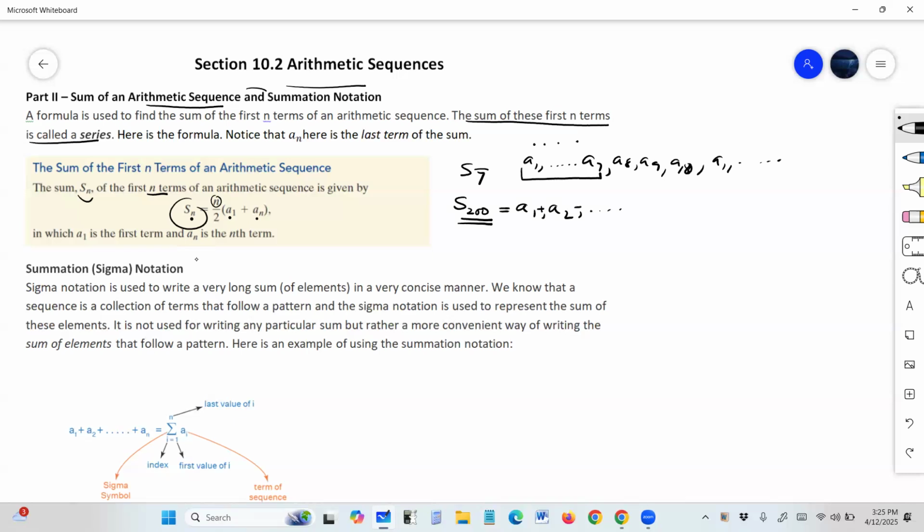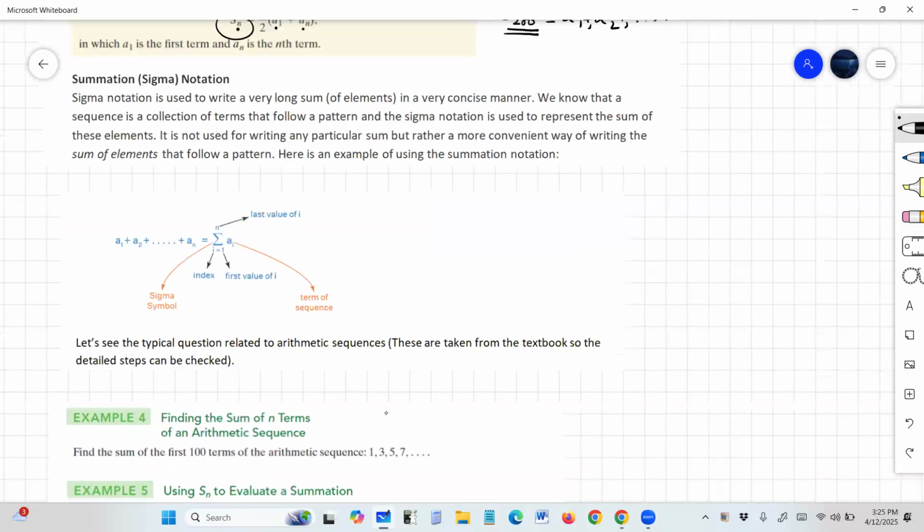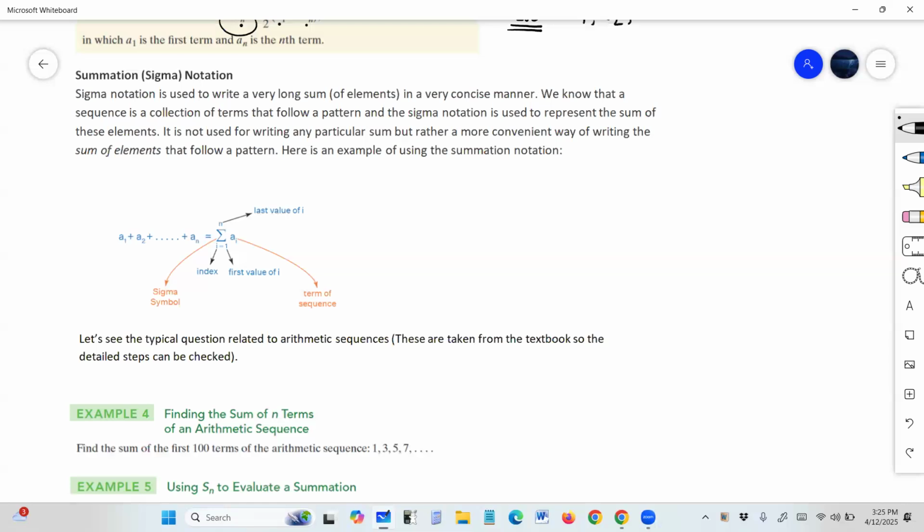Okay. So there is a notation that we normally use called the summation or sigma notation. The word sigma is the Greek symbol capital S for sum.